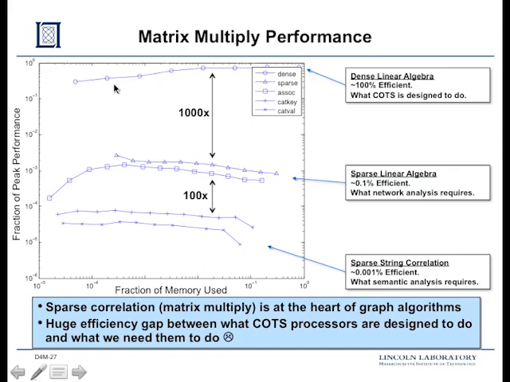So as you can see here, this is dense matrix multiply. And it's like 95% efficient. If I was to build a piece of special purpose hardware and a memory subsystem for doing dense matrix multiply, it would be identical to the computers that you all have.